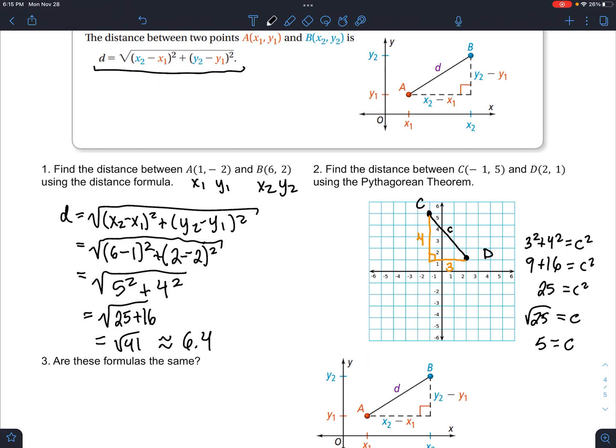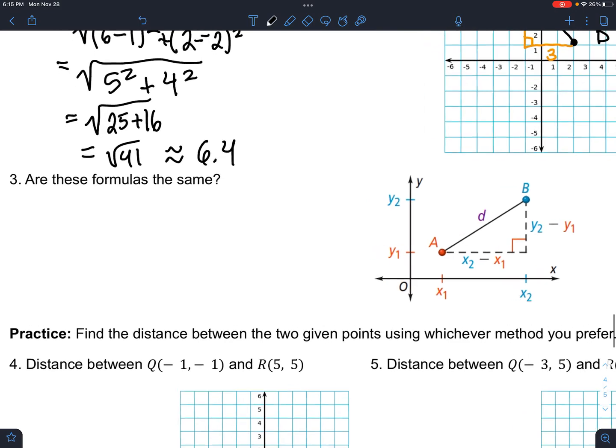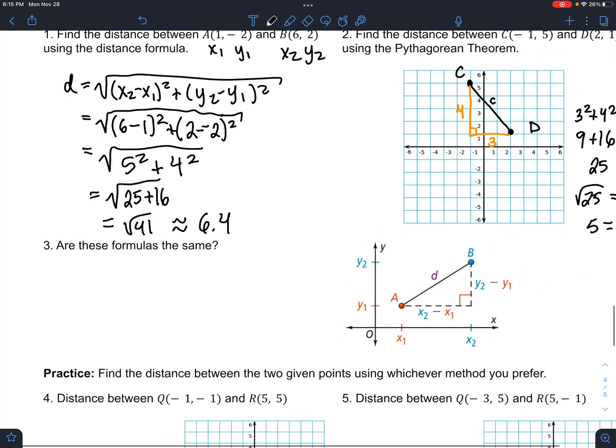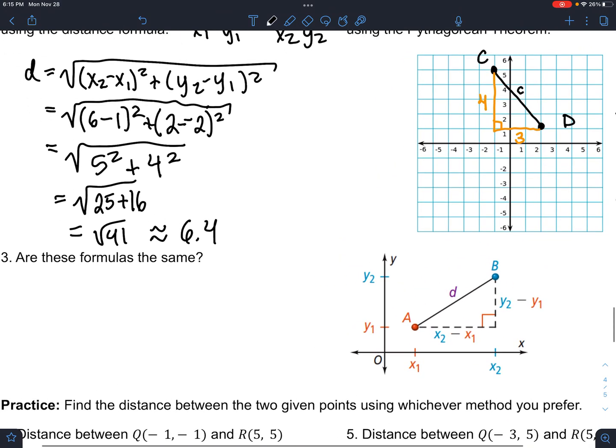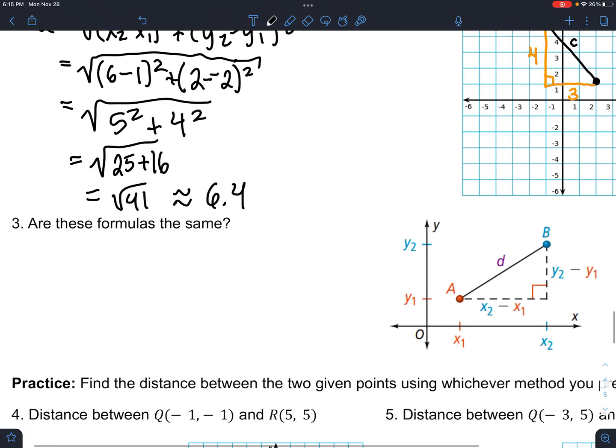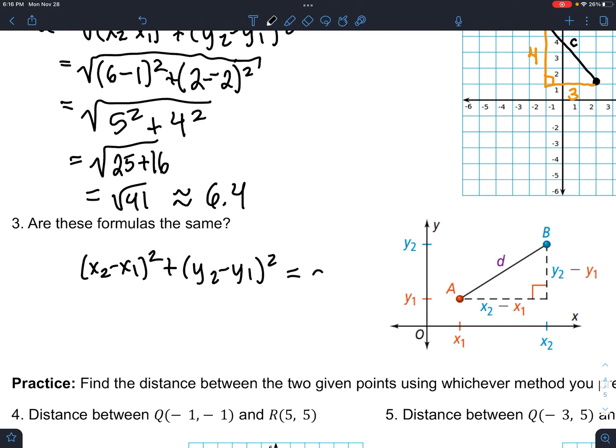Okay? So it's actually what's neat about this is, so I want you to kind of just have some exposure to this. And what's really neat is that these two methods we just did are identical. They use the same formula, because if we apply Pythagorean theorem on this triangle, it would be this squared plus this squared equals d squared, right?